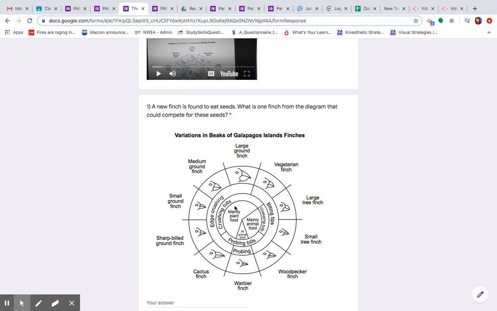Okay, so if you notice here, the center circle is showing you what type of food these birds eat. Plant food means leaves and seeds. Animal food is bugs, and so on. Okay, as you go outside of the middle circle, you see what kind of bill it is, and you see what these types of beaks can do.